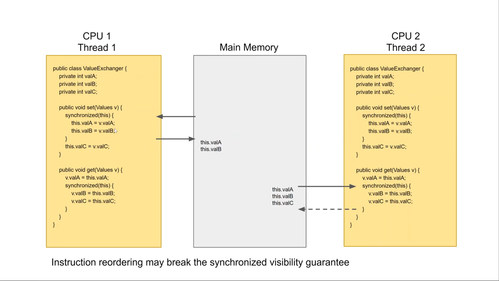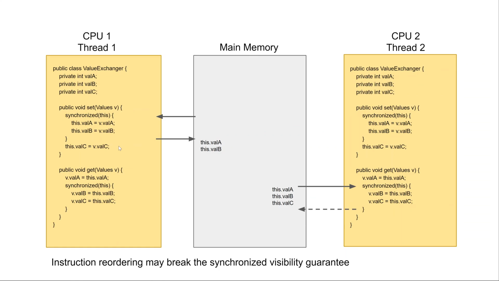Because by the time thread 1 exits this synchronized block here, only val A and val B have been changed. And so by the time the values of all these three variables are flushed back to memory, only val A and B reflect the new values from V. When we assign a value to val C later on, there's no guarantee that this will get flushed back to main memory, at least not until the next time thread 1 exits this synchronized block here.